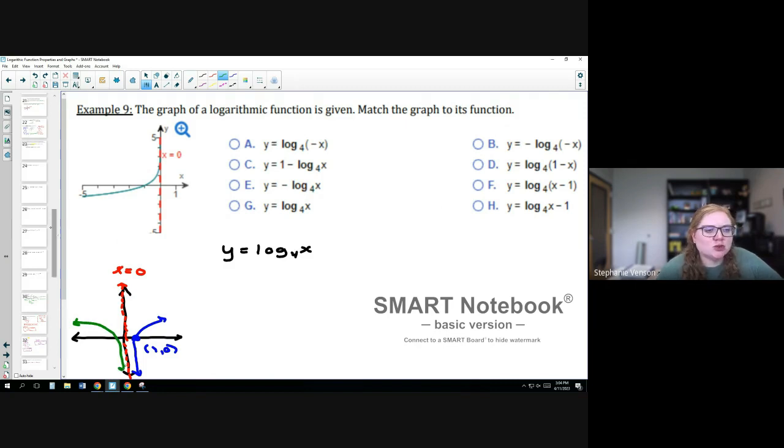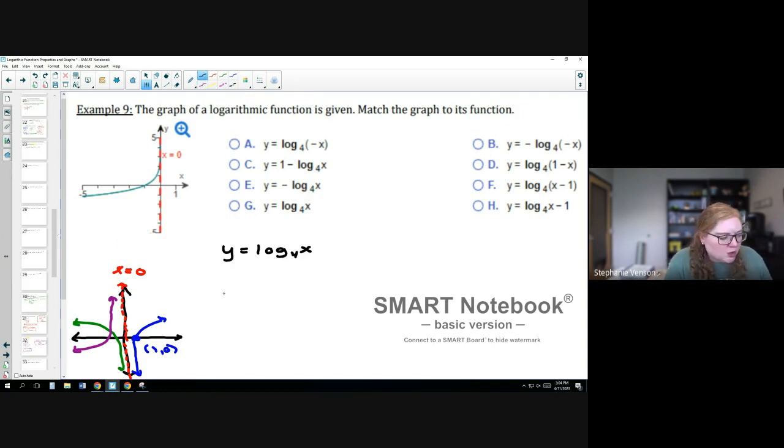But that's not the direction that it's facing in. It looks like it was then flipped again so that it now goes like this. And that purple graph is what we have here. And so it looks like it was reflected both over the x-axis and the y-axis.